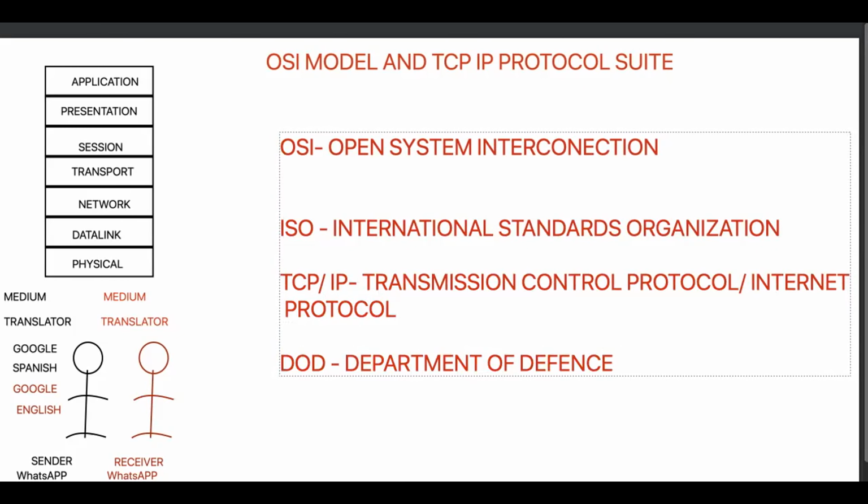So the Department of Defense were the ones that created TCP/IP, and TCP/IP has 5 layers compared to the OSI model that has 7 layers. That's the reason I said earlier that it is more compressed compared to the OSI model that shows all the exact layers.